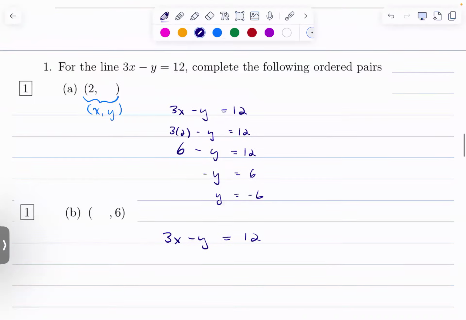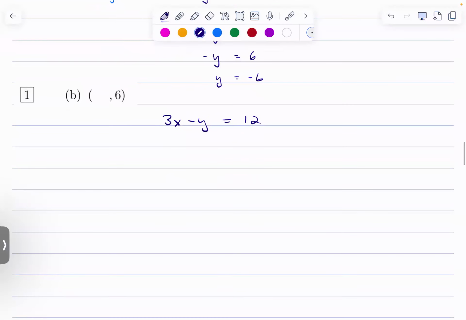So they're all pretty similar. 3x minus y is equal to 12. But now y is 6, and we want to solve for x. 3x minus 6 is equal to 12, making 3x 18, 12 plus 6. 18 divided by 3 is 6.